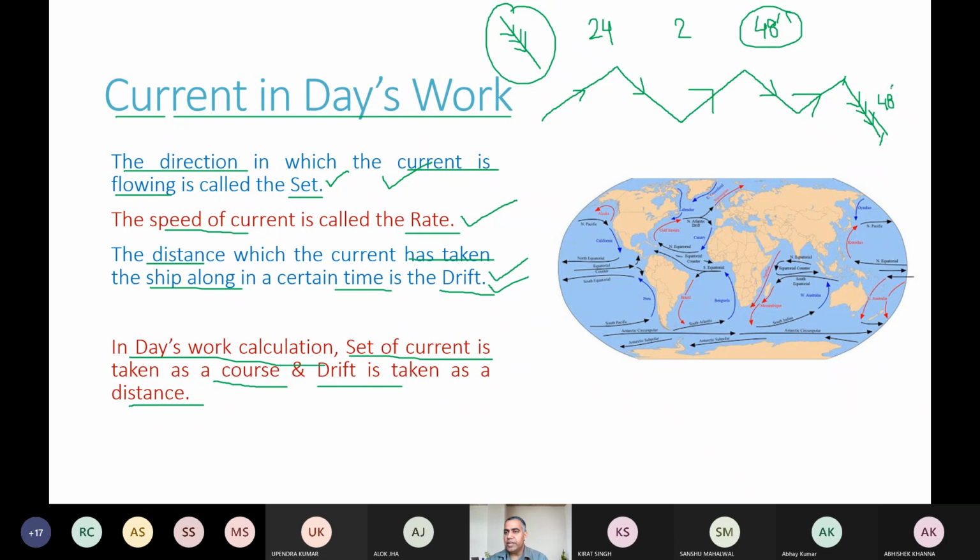This 48 miles will be taken as a distance. And whatever is the direction of the current, that is the set of the current, let's say it is 135, that 135 is taken as a course and it is applied as usual. So this is how the current is applied in day's work calculations.